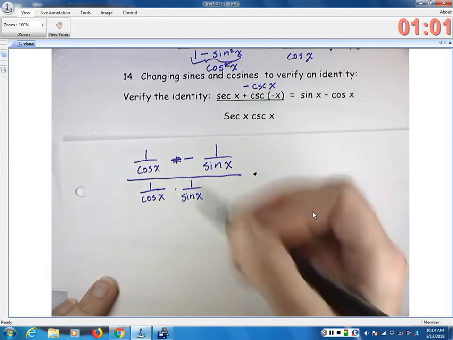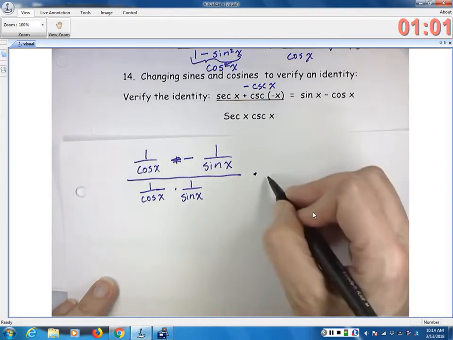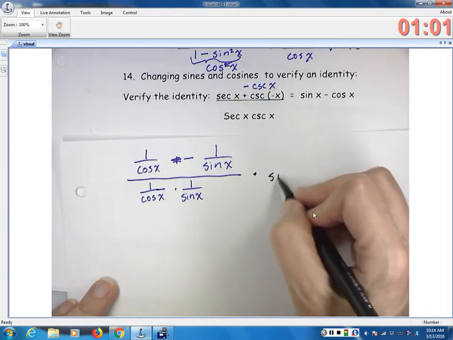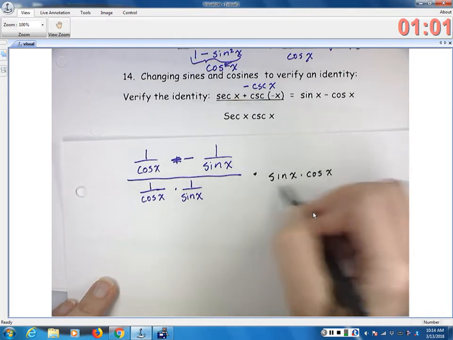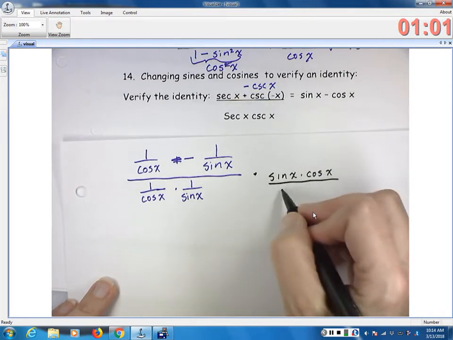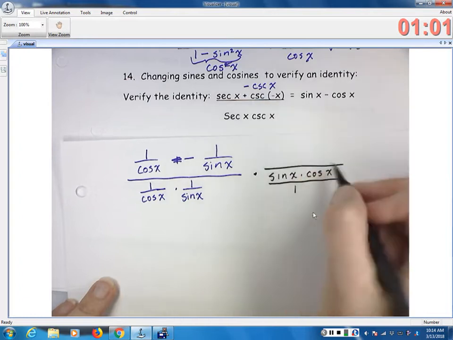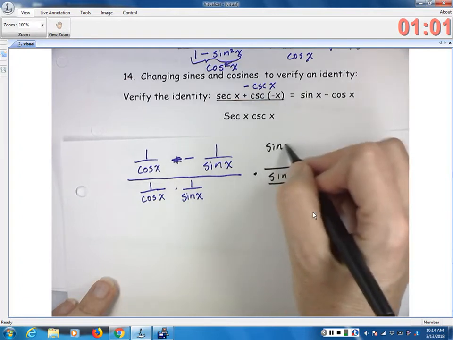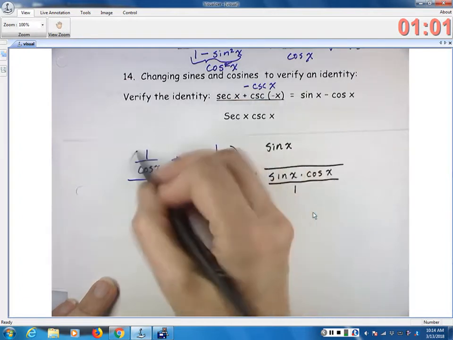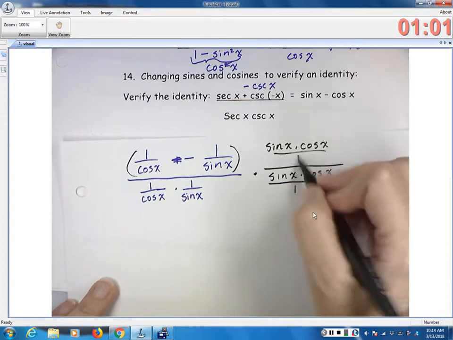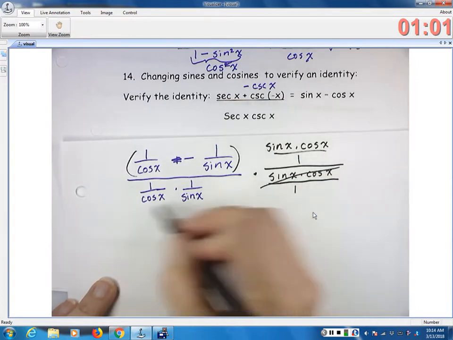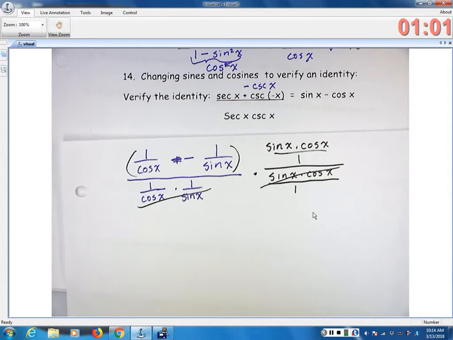You could flip it and multiply, or I multiplied by sine x times cosine x. So that cancels here.